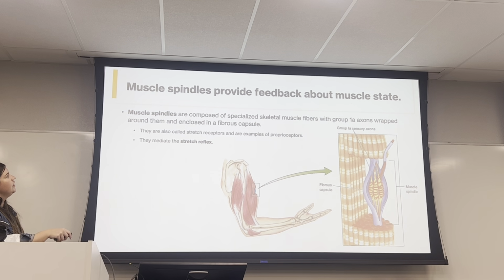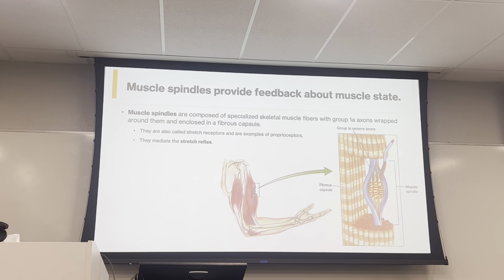All right, and so inside of our muscles, we have these little muscle spindles, and they are specialized muscle fibers. So these little orange or yellowish structures are muscle fibers. They're a different type, but they're a specialized muscle fiber in here. And wrapped around it are these group 1A axons.